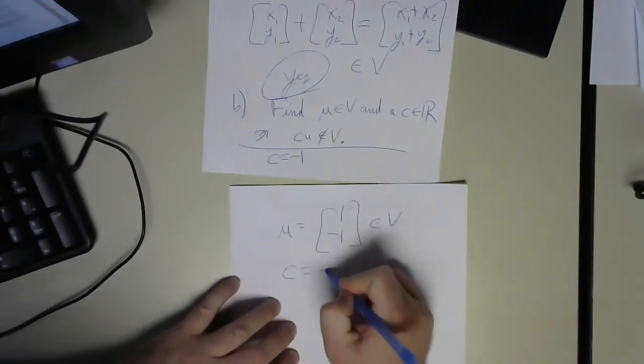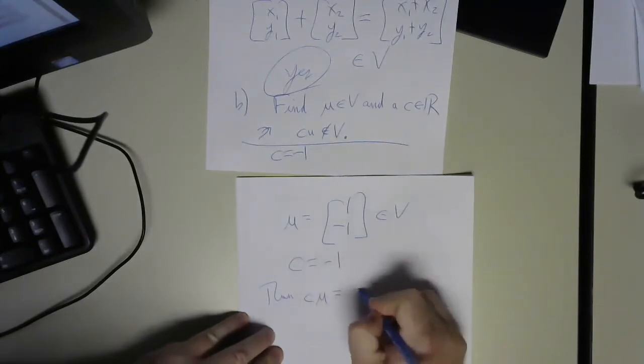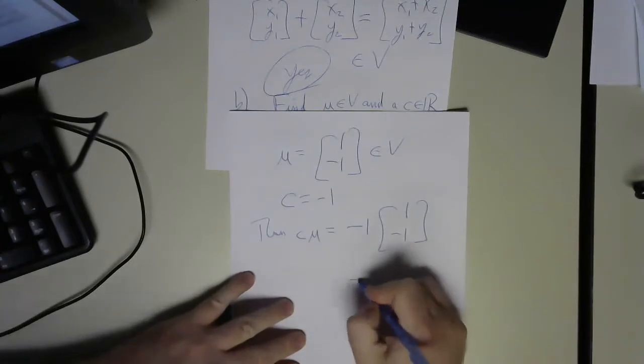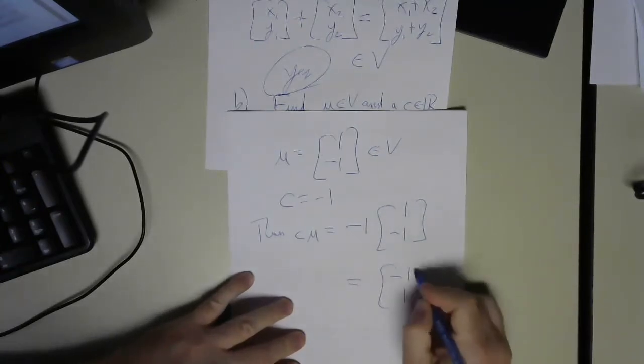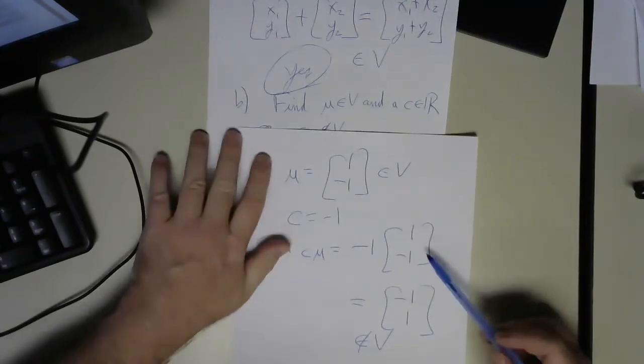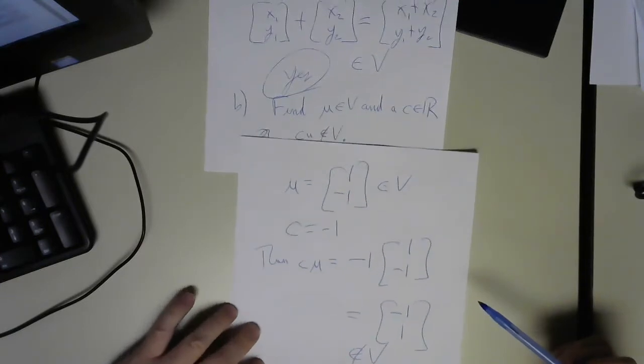But if we choose c to be -1, then c times u is -1 times this vector, and that is -1, 1. But that's not in V, is it? Because by definition, the first one's got to be positive, the second one's got to be negative. So that proves it's not a vector space.